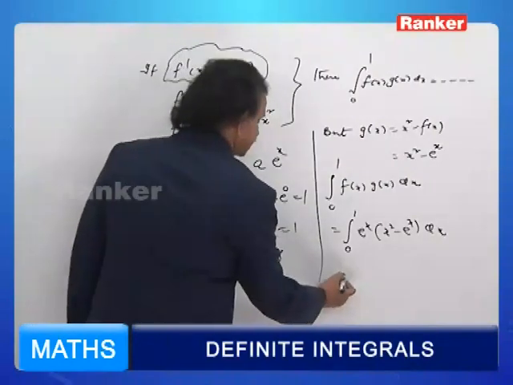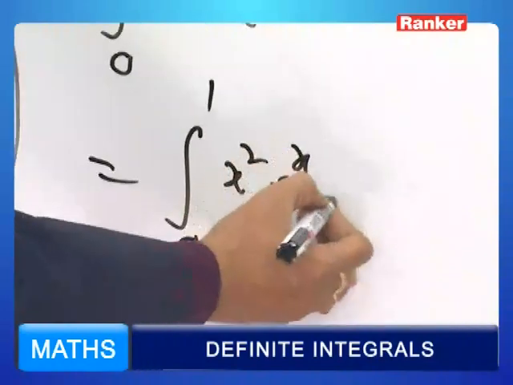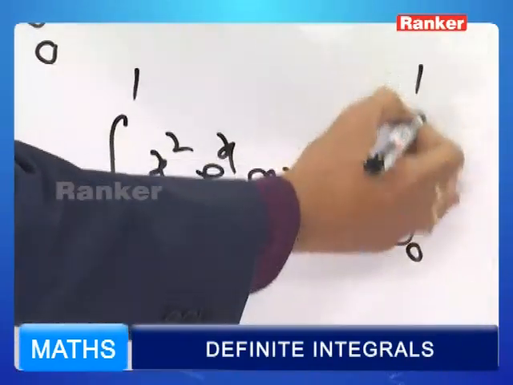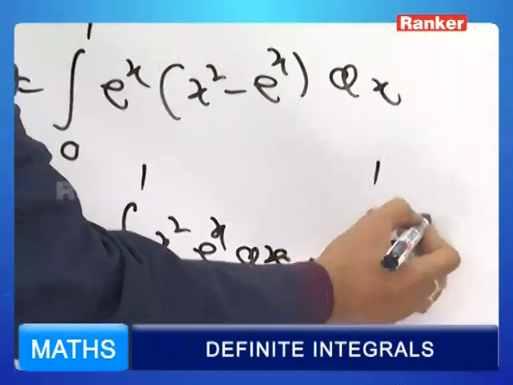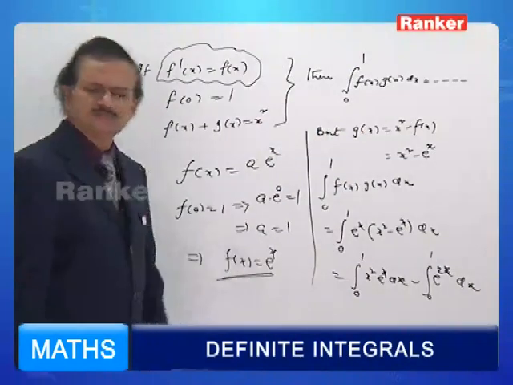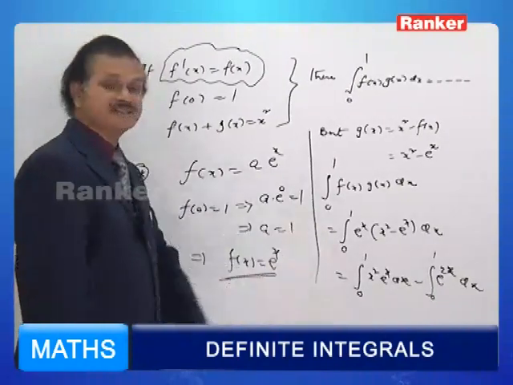Hence, it is integral 0 to 1 x square e power x dx minus integral 0 to 1 e power x into e power x, e power 2x dx. And in no time, of course, we can be in a position to have the answer directly.